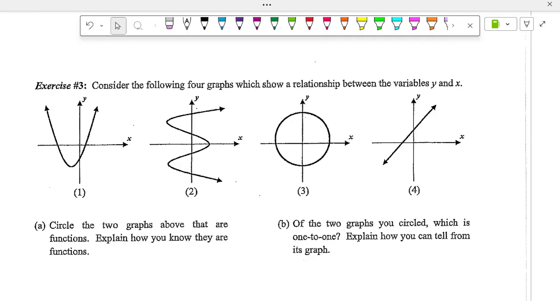What line test do you think will test for 1-to-1 functions? Say it again. Horizontal. All right. Why do you think we would use a horizontal line to check for 1-to-1? Because then there won't be any repeating. Right, because it'll see if there's any y's that line up. All right.